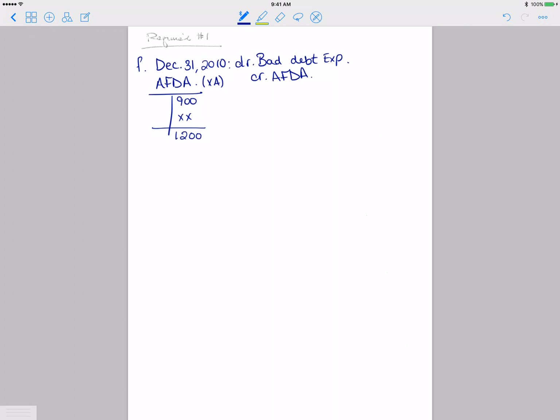To figure out that amount, we need to do 900 plus the amount that we added in is equal to 1,200. If we solve for this, we get that this is $300, which means that our bad debt expense should be 300 and our allowance for doubtful accounts will be increased by the same 300.